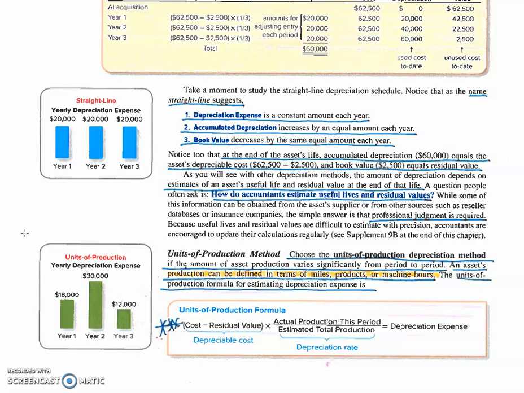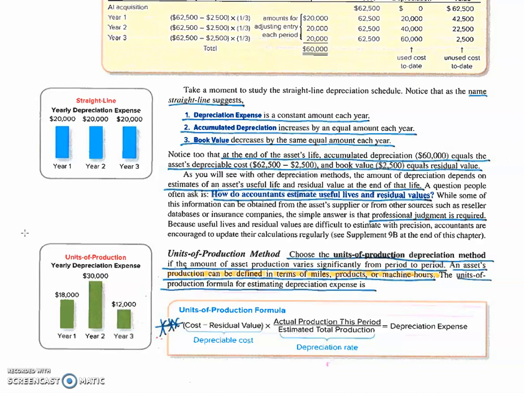And so for a vehicle, rather than depreciating it on a 5-year, 7-year, 10-year life, whatever you think is appropriate, we instead say, okay, I think this vehicle is going to last, let's say, 200,000 miles.